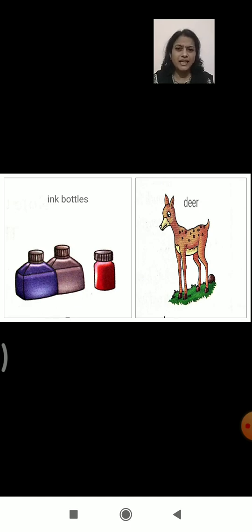But can you say 1 ink, 2 ink, 3 ink? No, we cannot say. What we can say? We have to say 3 bottles of ink, right? So we cannot say 1 ink, 2 ink, but you have to use something to measure it, to count it. So it is bottles, ink bottles. Then the next one is deer. Of course, that you can count it, isn't it?